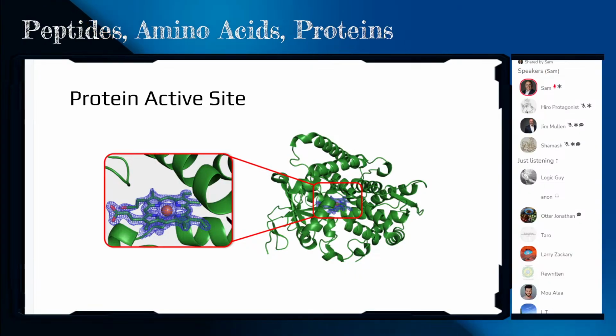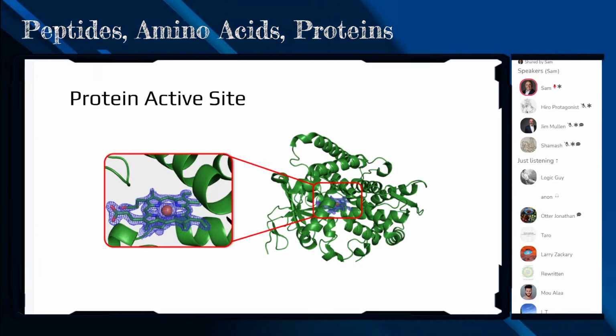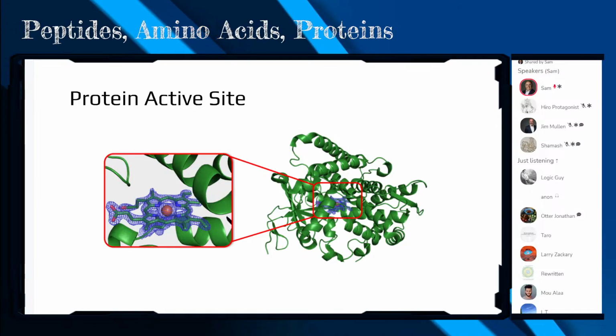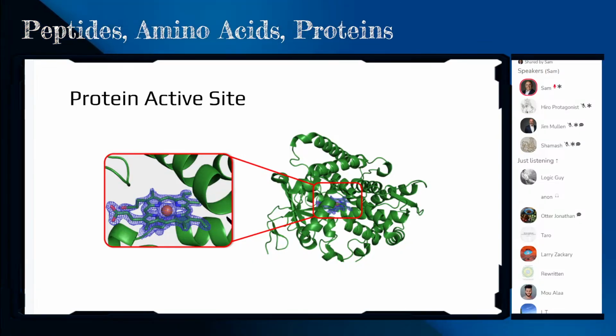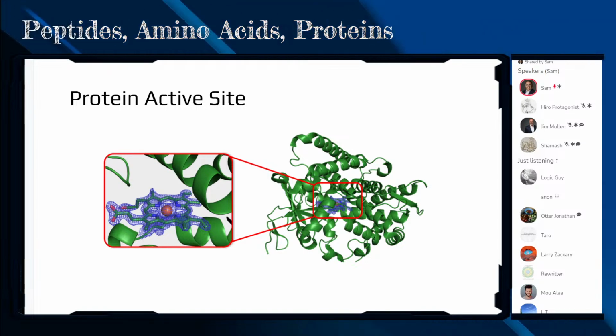An active site is kind of a cave or a hole that is formed in the structure of the protein, that another molecule can go inside of and fit in there and then get subject to chemical reactions inside of that cave.